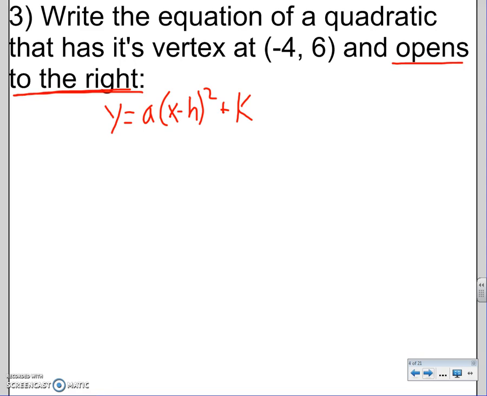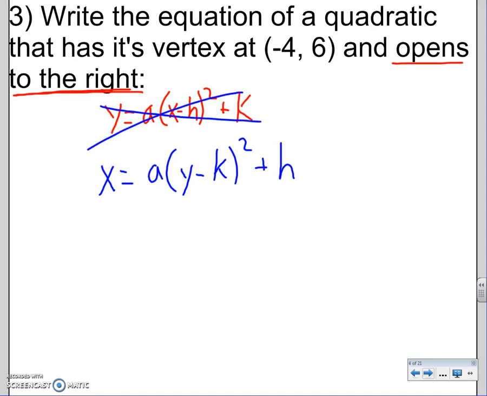Right means it's not an x squared, it's a y squared. So my equation is going to change to x equals a parentheses, and this is on your formula chart, or I'll give you this formula actually, y minus k squared plus h. Alright, so we're not using this one this time because it's the wrong one. You just fill it in.